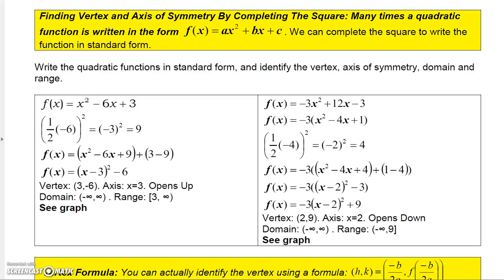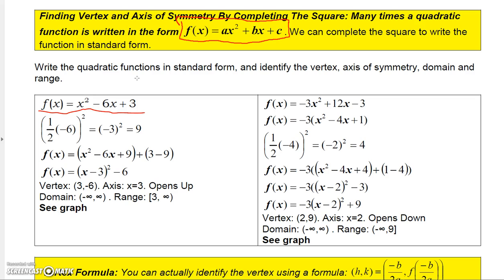One way to find the vertex and axis of symmetry is by completing the square. The reason we have to be able to do that is because many times our quadratic function, instead of being written in the form that I just gave you, might be written in the form y equals ax squared plus bx plus c, like this one here, y equals x squared minus 6x plus 3.